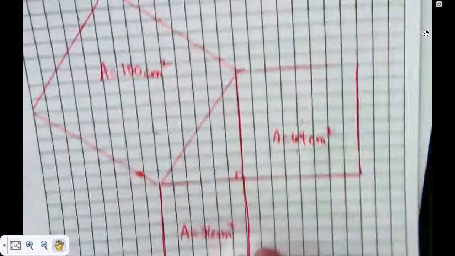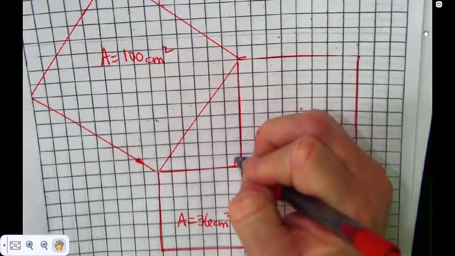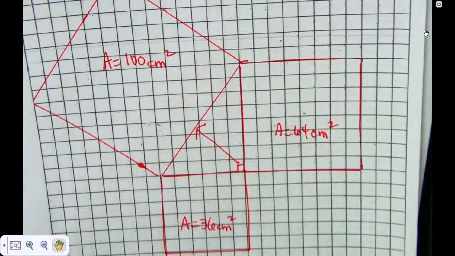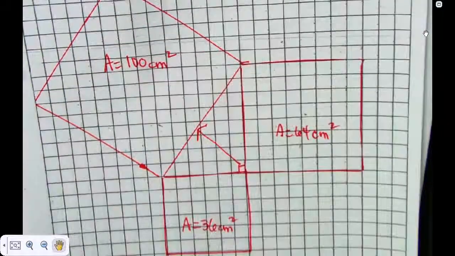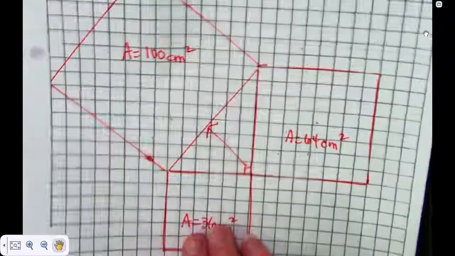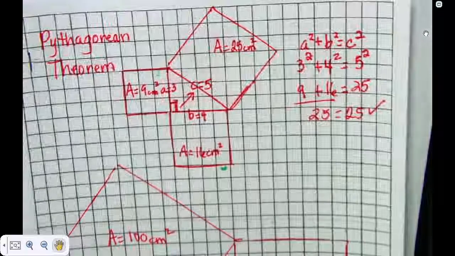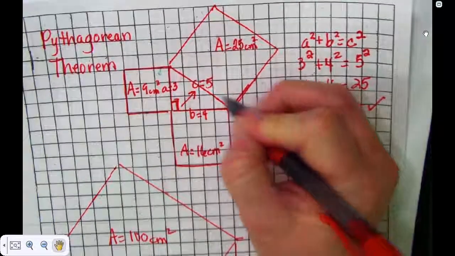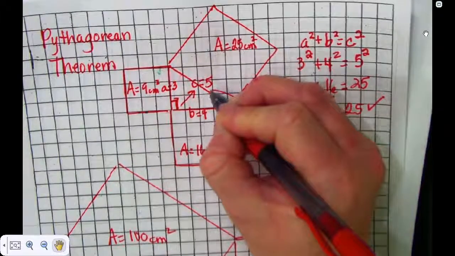Let's look at the bottom one. Here's your right angle. Draw an arrow to it. Is that the longest side of the largest square? Yes. So side C is always going to be your longest side. Draw an arrow to it.